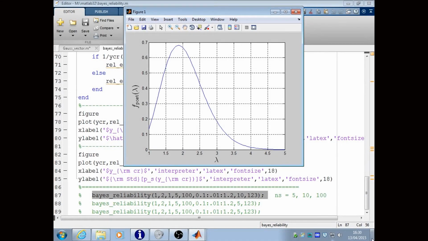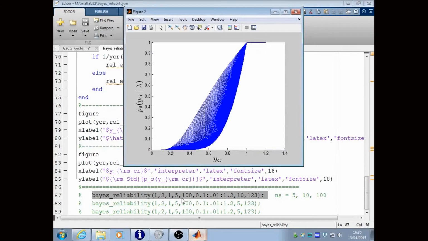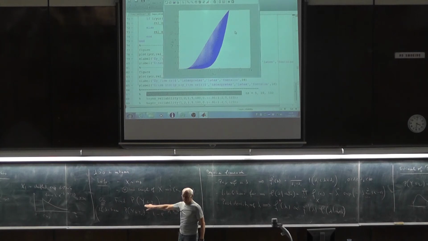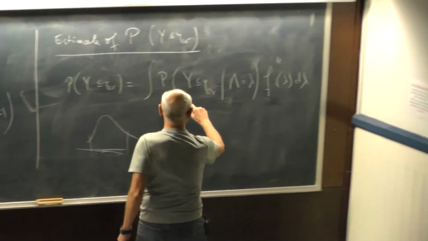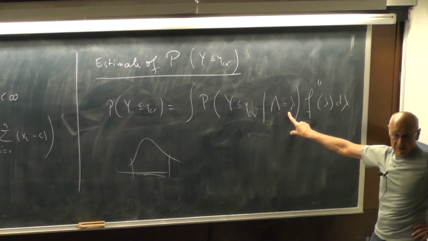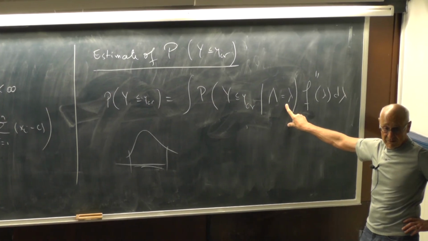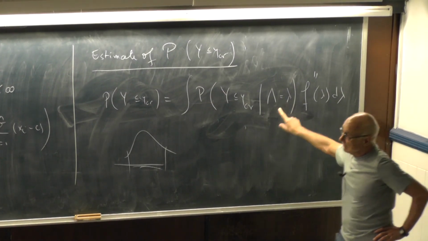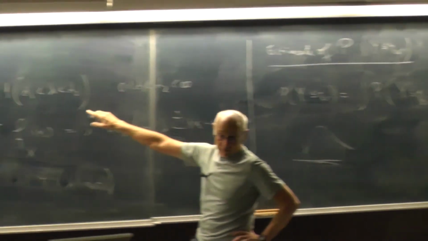The next figure, and let's try some other runs after this. Just to give you a sense, why don't we look at this? This is the conditional reliability for the range of lambda considered in the analysis, that is, lambda according to the prior is between D1 and D2.